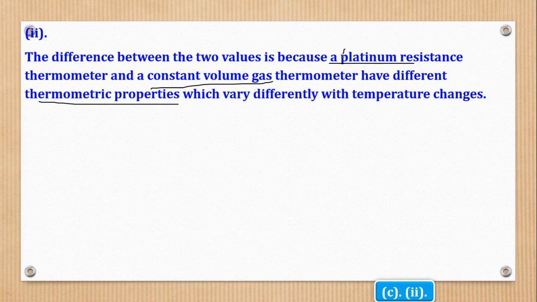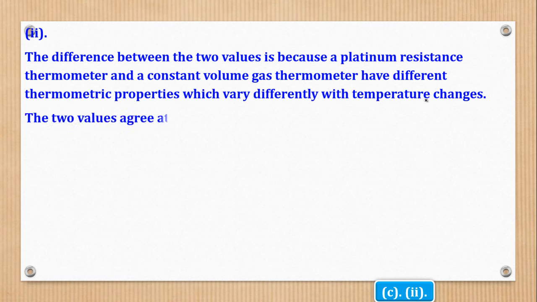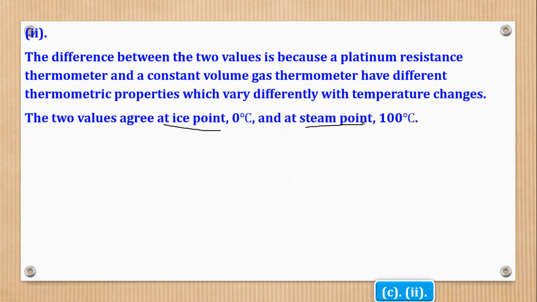Remember this one: platinum resistance thermometric property is resistance of platinum wire, while constant volume gas thermometer, the thermometric property is pressure over fixed mass of a gas at constant volume. So they are different, meaning that they vary differently with temperature changes. The good thing is that they can agree at the extreme, or at the fixed points, that is ice point and steam point. And that's what they wanted.